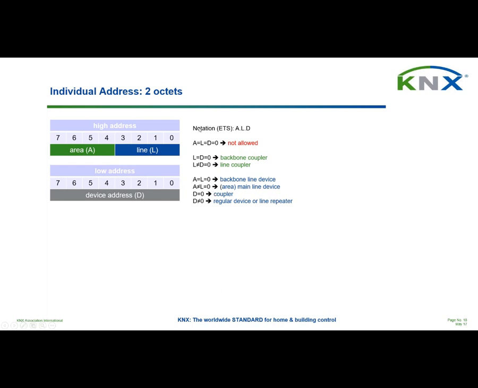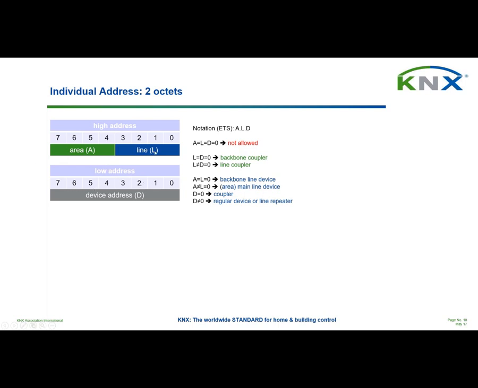And now these are the rules. This is the summary of the rules. First of all, the notation according to ETS is A.L.D, so area, line, and then device. What is not allowed is that all 3, area, line, and device, have the value 0. That is simply not allowed.